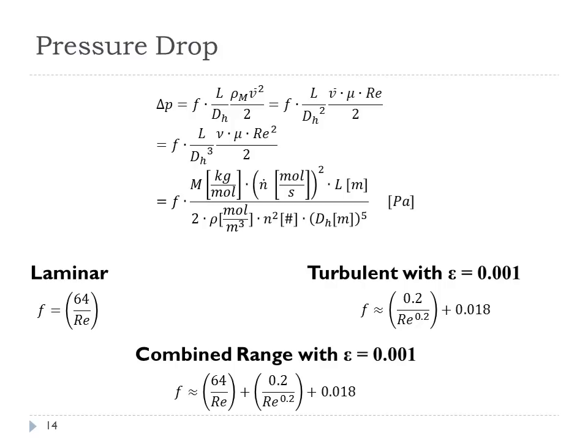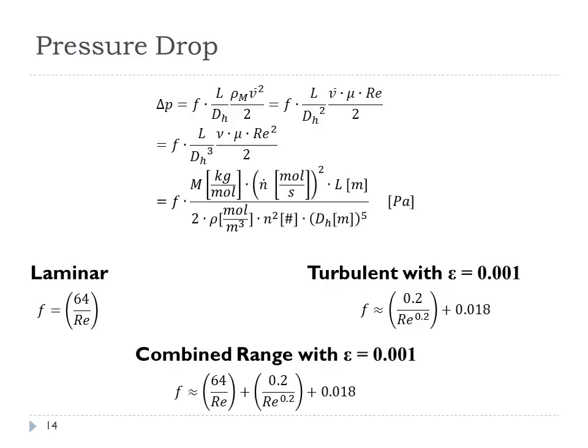In the last of these equations, I've put the pressure drop equal to the friction factor multiplied by the molar mass, multiplied by the molar flow rate in moles per second, squared, multiplied by the length, divided by 2 times the molar density times the number of tubes squared times the hydraulic diameter to the 5th.